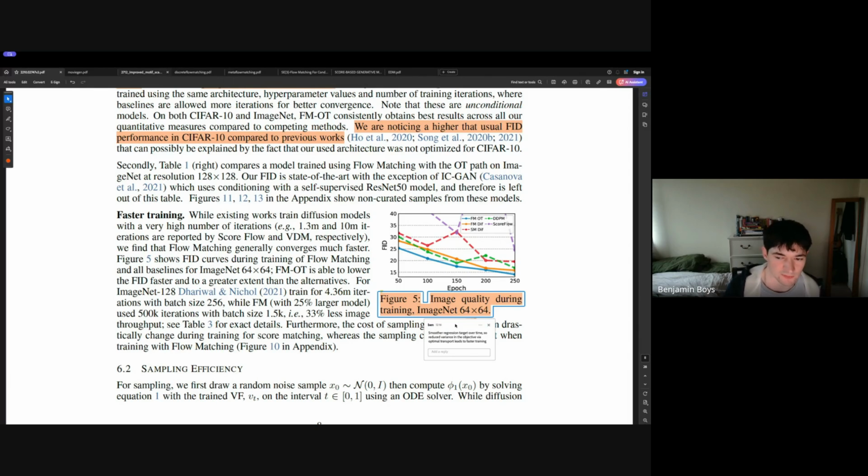So it reduces variance in that stochastic objective. And so you can do faster training. And you can see that with score matching diffusion, it's slower to train than flow matching with the diffusion on the variance preserving SDE. And now there's an even faster path that they propose, which is not a diffusion.